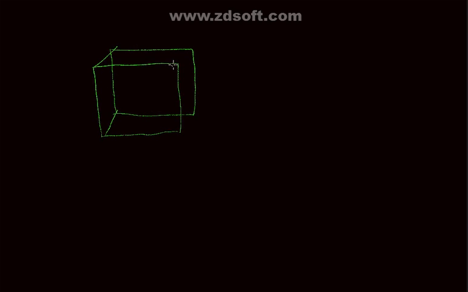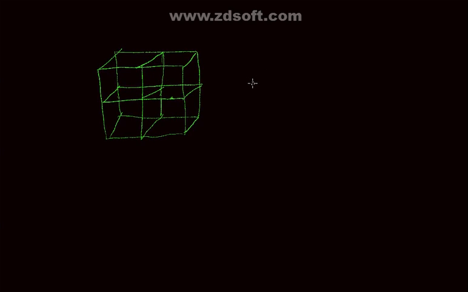Suppose this is the cube. Now I'll convert it into 4 cubes. I hope you can understand this.